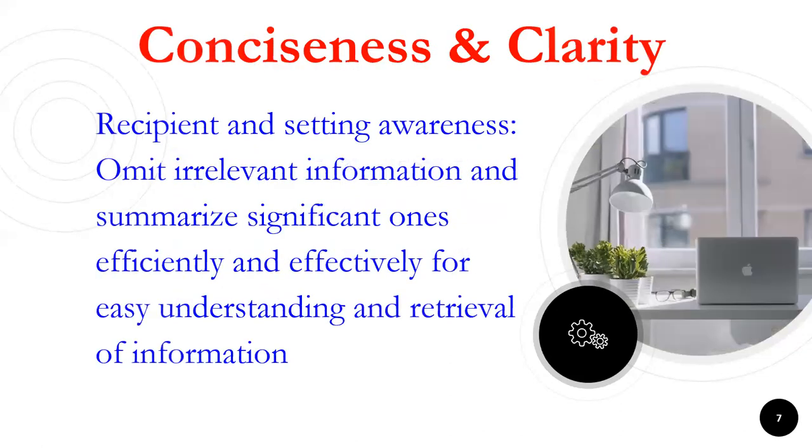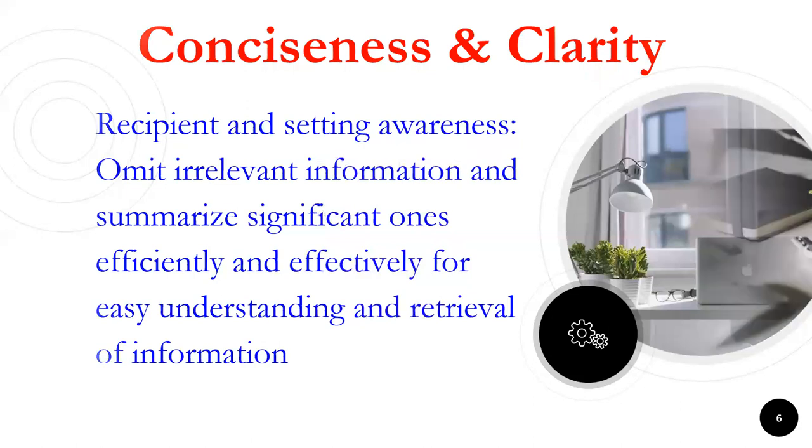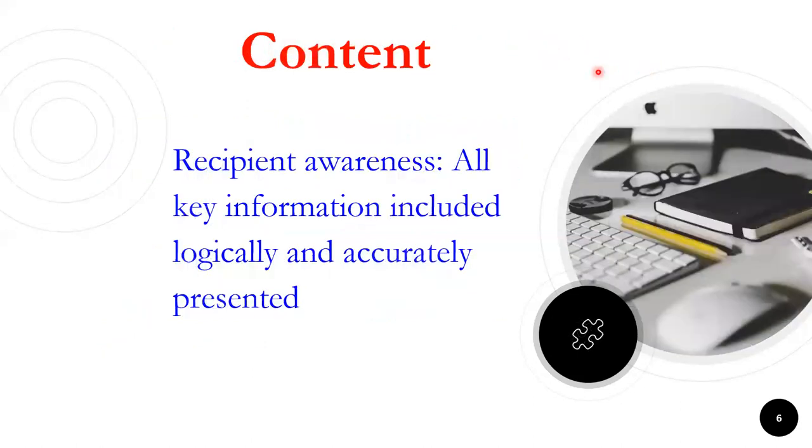The next one is conciseness and clarity. Just before we go back to conciseness and clarity, think to logically organize and present the key information that you've been able to select. And remember, you're supposed to expand them into complete sentences.